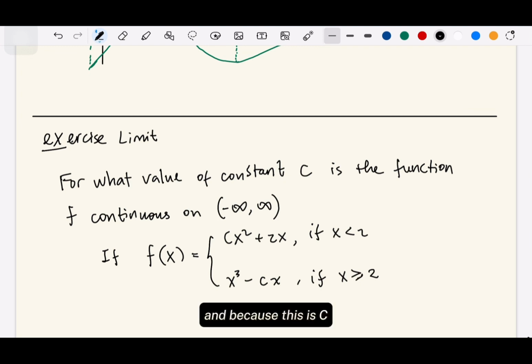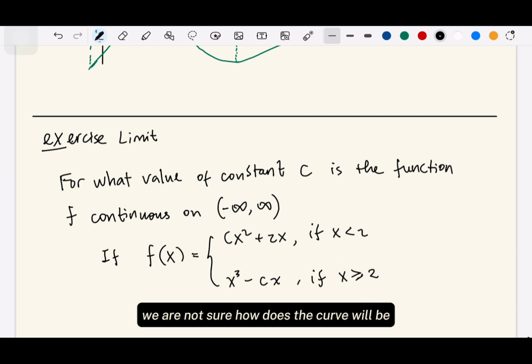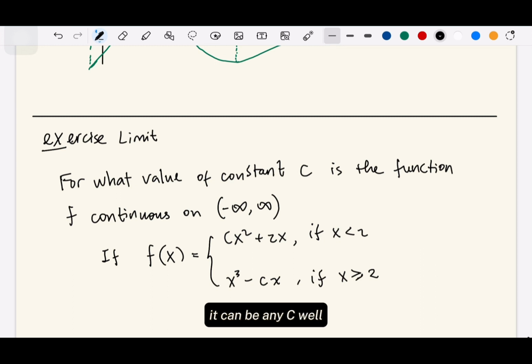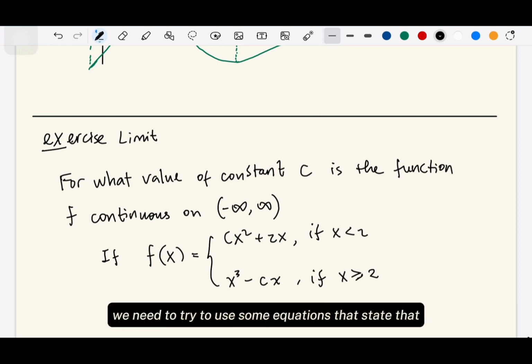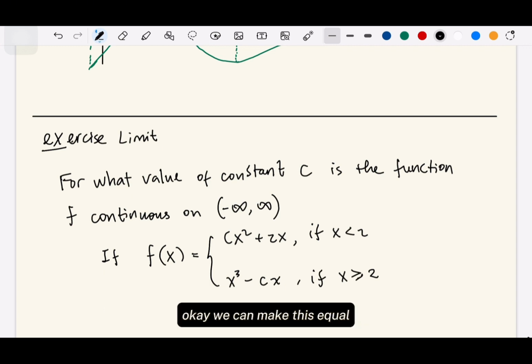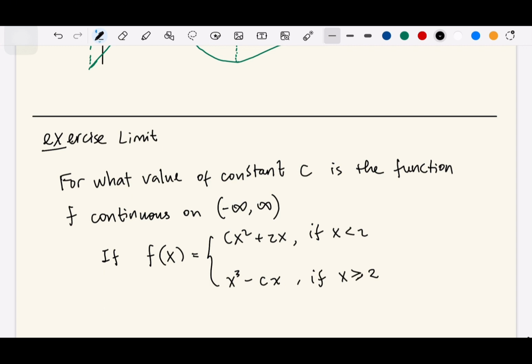Because this is C, we are not sure what the curve will be, since it can be any C. We need to use some equations to make this equal. How do we make that equal?